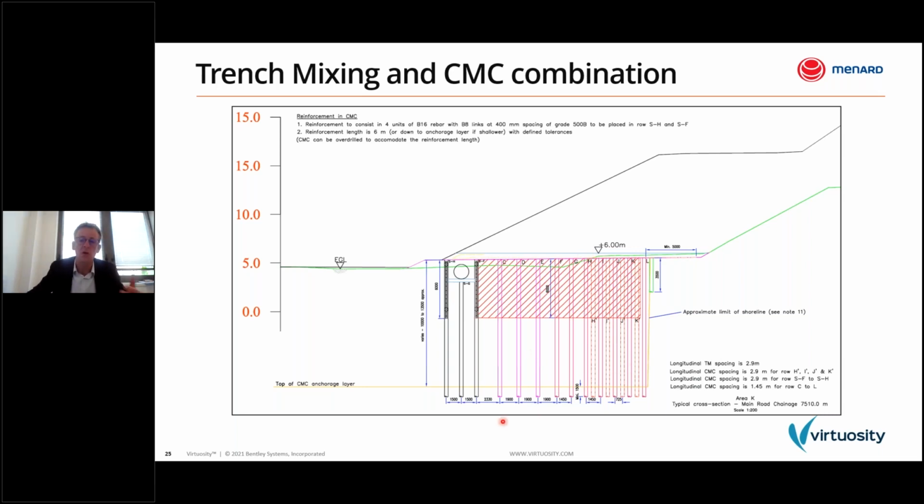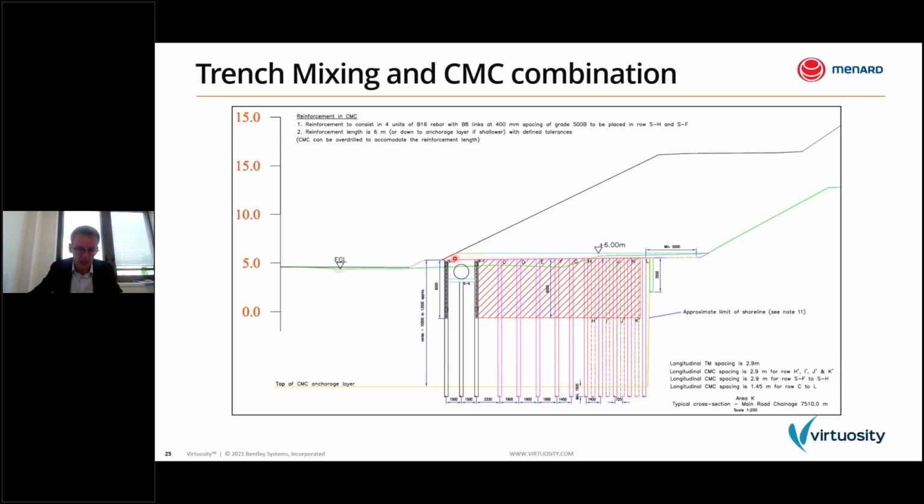And so the most competitive solution was a combination of rigid inclusions, as you can see, plus trench mix walls. So I will explain a little bit. The CMCs were installed down to the substratum layer, so around 14, 15 meters, in order to provide a high vertical stiffness of the foundation soil.